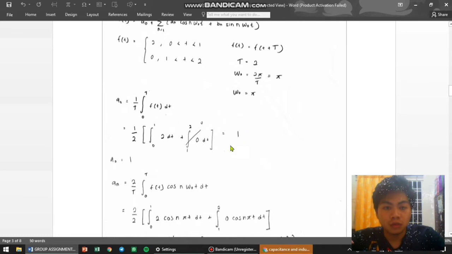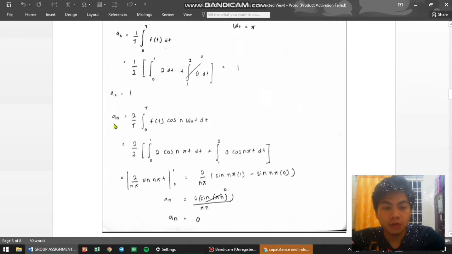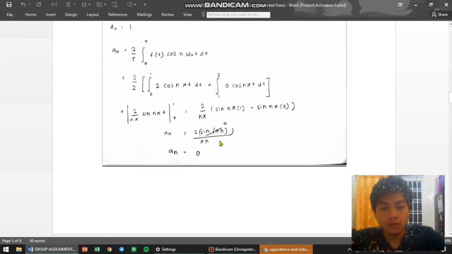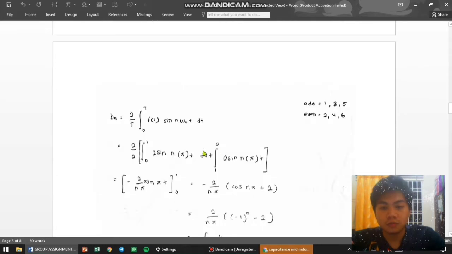So we got 1 for A naught, and for A n we use the A n formula and insert all the information and solve it, and the result we got is 0. A n equal to 0.